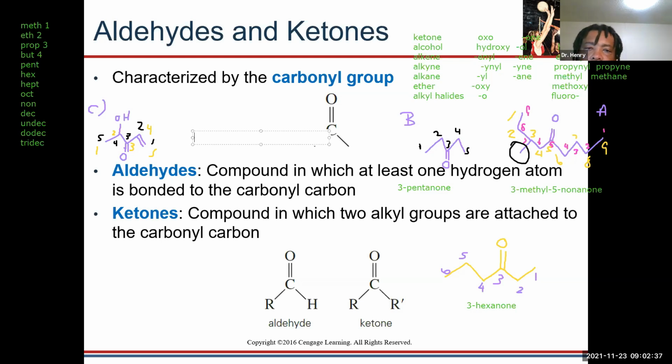A 5 carbon chain is what again? Okay, so it's a pent, and it's going to be ene, and then it's own. Okay, now we have to say where the ene is at.